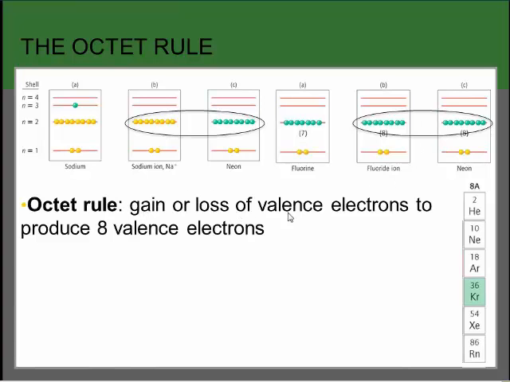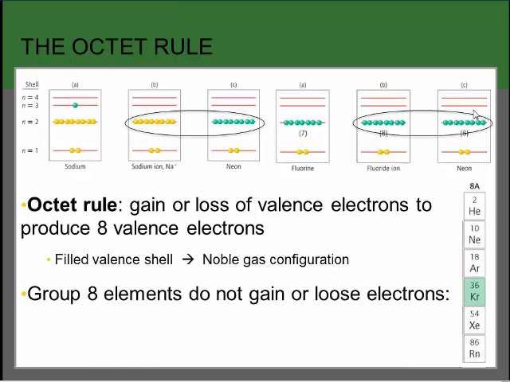So the gain or loss of valence electrons to produce 8 valence electrons, a filled valence shell, is again equivalent to the noble gas configuration. And of course group 8 elements here, the noble gases, do not gain or lose electrons because they already have the filled valence shell. They don't need to gain 1 or lose a couple to achieve that filled valence shell, like we see here with neon.